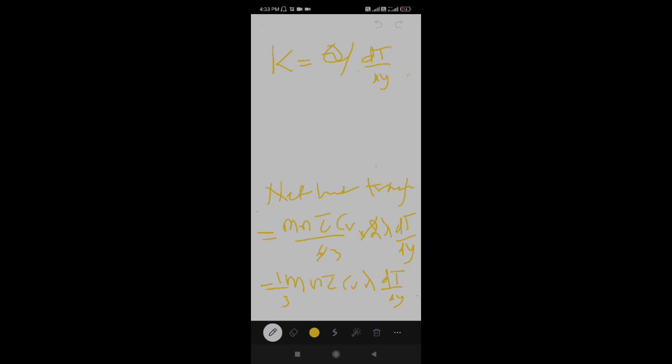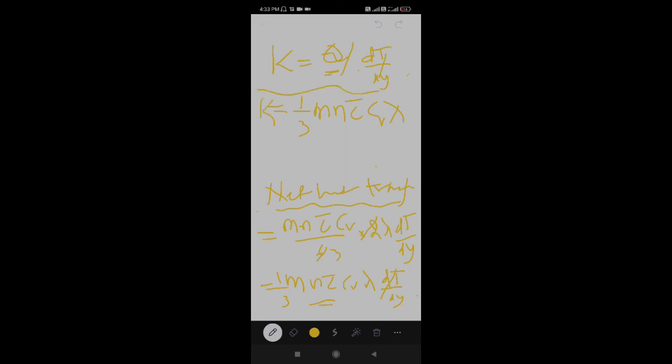Now you have the net heat transfer Q. This net heat transfer is nothing but Q. So substitute this in the place of Q. What you are going to get? Only dT by dy will be cancelled. So you get 1 by 3 mn c bar cv lambda only, because this thing and this thing are cancelled.